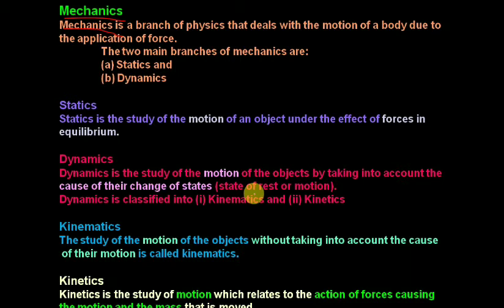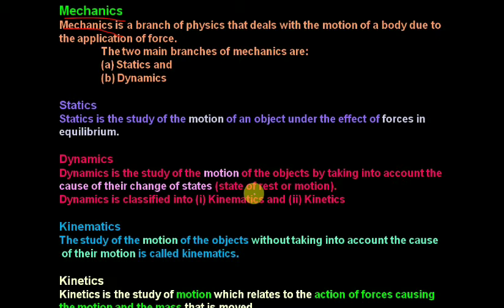Dynamics depends on the account of cause. Cause means, suppose we are pulling or pushing an object, then that object moves or does not move. Both things happen. If it is in motion, then the cause is responsible for that motion.